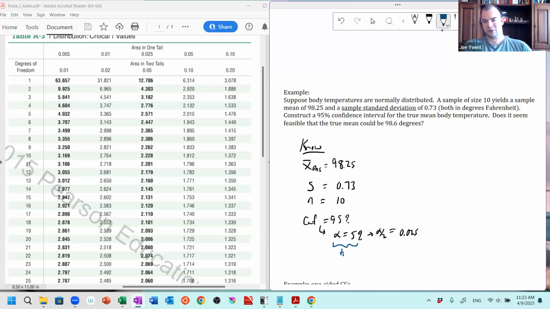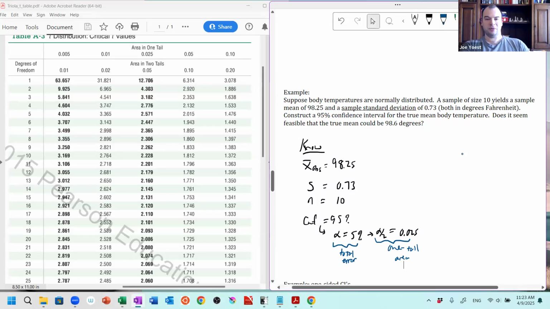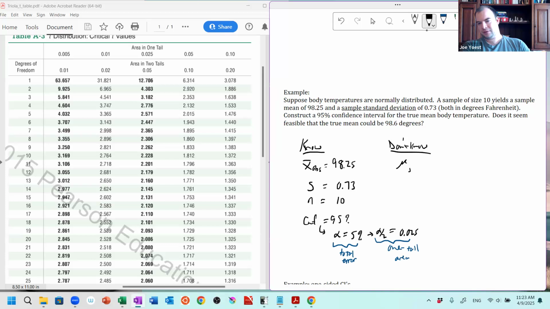So this is kind of the total error, the total area combined between the two tails. And this is the one tail area. What do we not know? What we don't know, we don't know mu. We also don't know sigma.